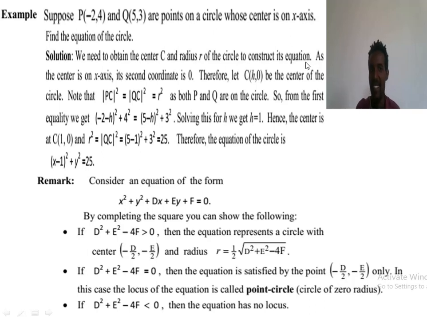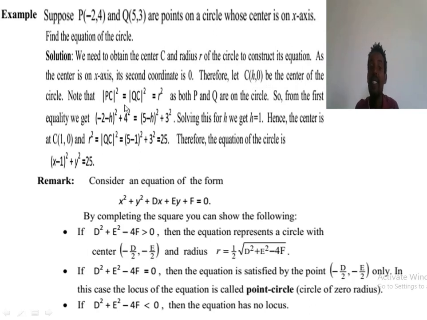So to find this equation, first we have to find the center and radius. Now our center is on the x-axis, which means the second coordinate is 0. So let our center, which was (h, k), with k being 0, be (h, 0), the center of the circle.